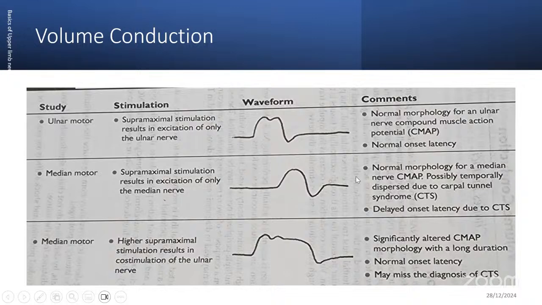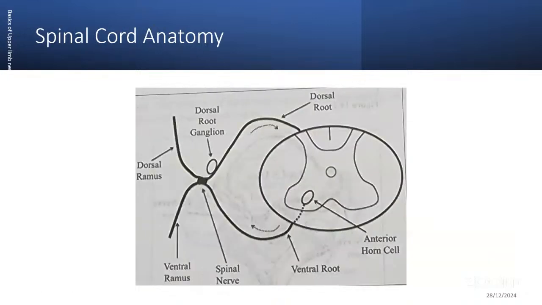You can see the morphology of the median nerve, median motor, at supramaximal stimulation. What happens if you increase the current? The CMAP morphology is significantly altered with a long duration. Here, the supramaximal stimulation results in co-stimulation of the ulnar nerve also, so you get this type of picture.